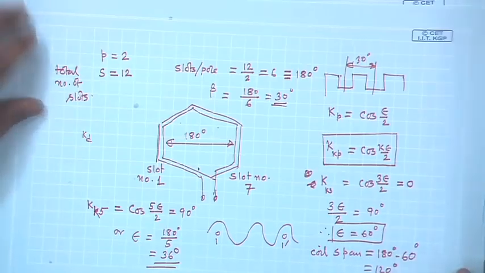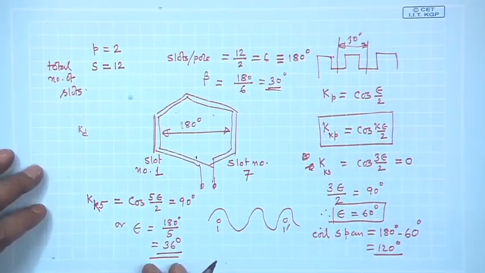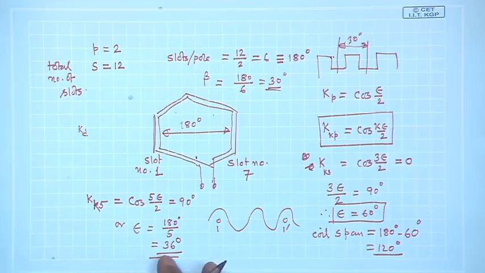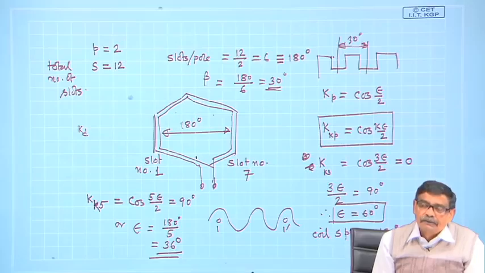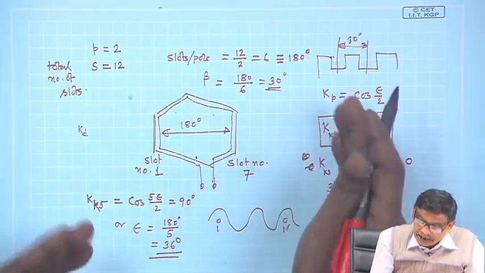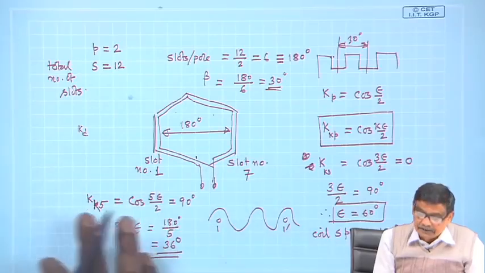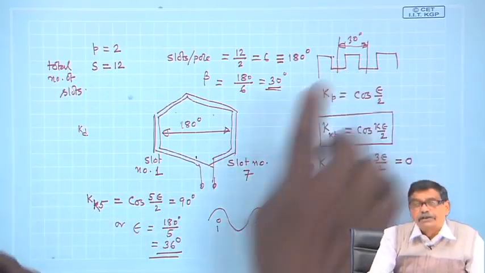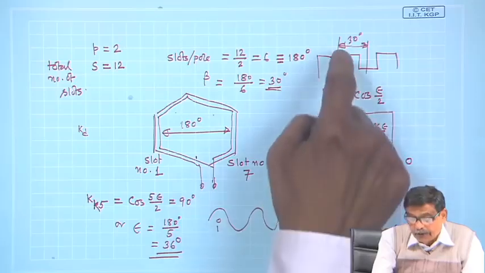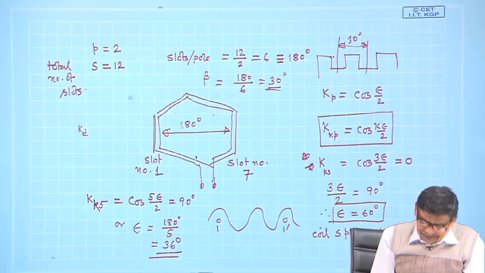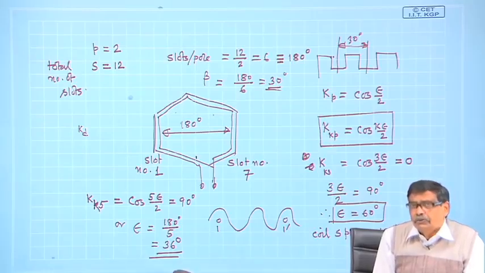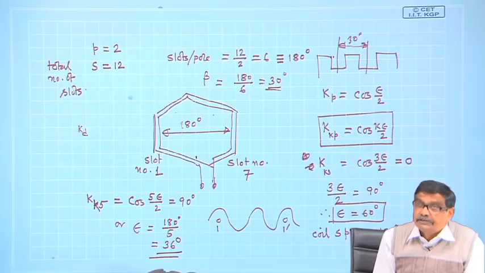If epsilon is chosen 36 degree, then the fifth harmonic component of the voltage will be totally nullified. It will not appear across the coil. But however, you cannot short pitch a coil by 36 degree. The least number by which you can short chord a coil is a multiple of 30 degree. Anyway, this will not deter me from short chording the coil still.